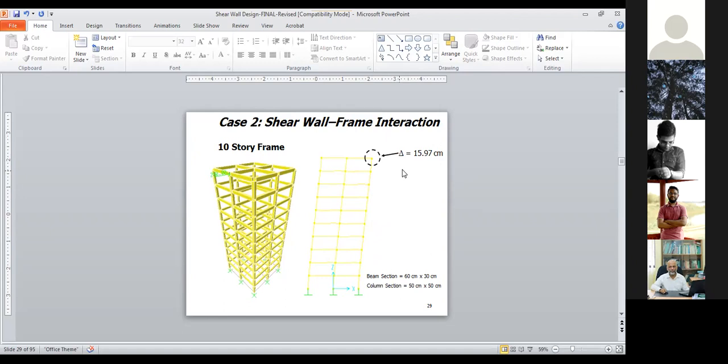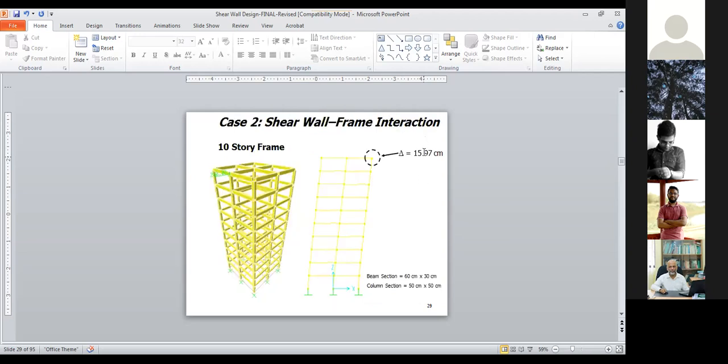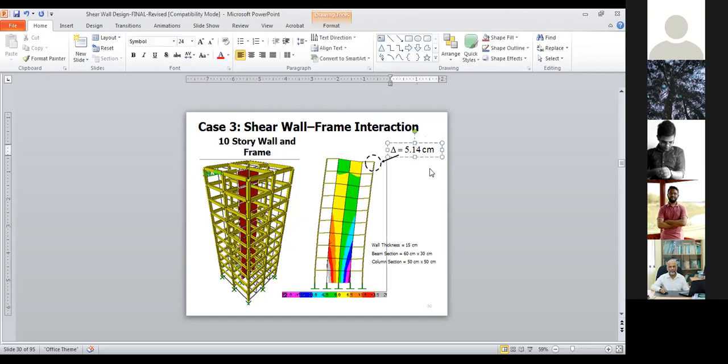So you understand that when the shear wall deforms alone, you have the large deformation of 26.73. When the frame deforms, you have 15.97 centimeters at the top. And when you combine the shear wall and the frame system together, you can see, miraculously, very important to note, that your deformation is reduced to 5.14 centimeters.